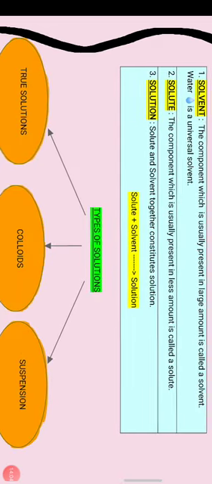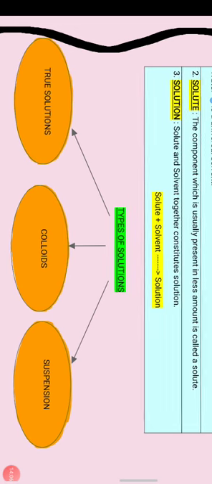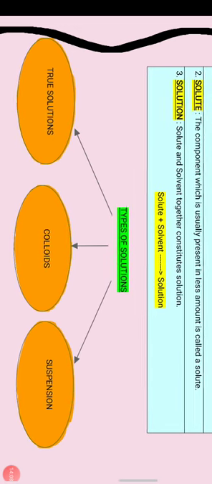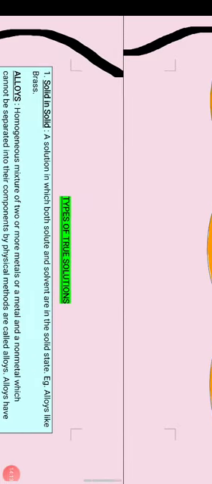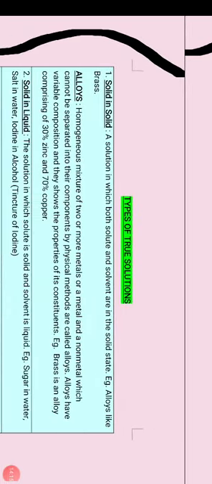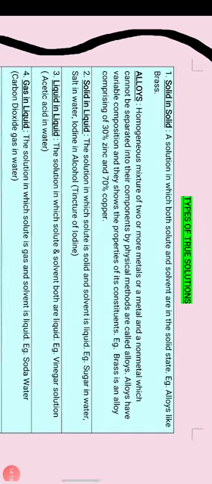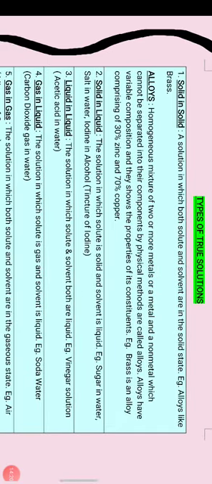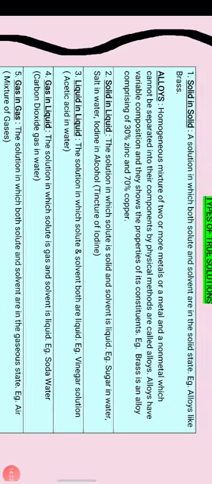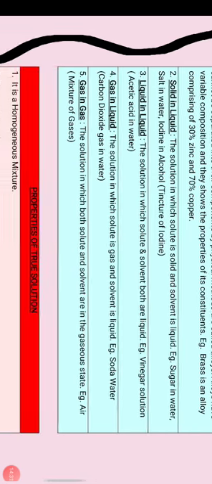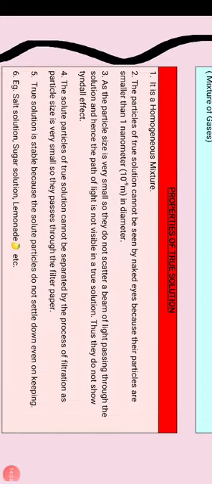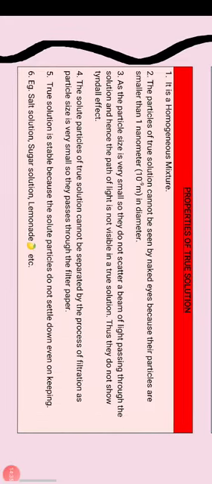After this we discussed types of solution, which are true solution, colloids and suspension, and then we discussed true solution, its types and the properties in detail. For colloids and suspension we will discuss in the next class. So we discussed about the alloys also. They are the homogeneous mixture of 2 or more metals and a metal and a non-metal. Then we discussed the properties of true solution with their examples.